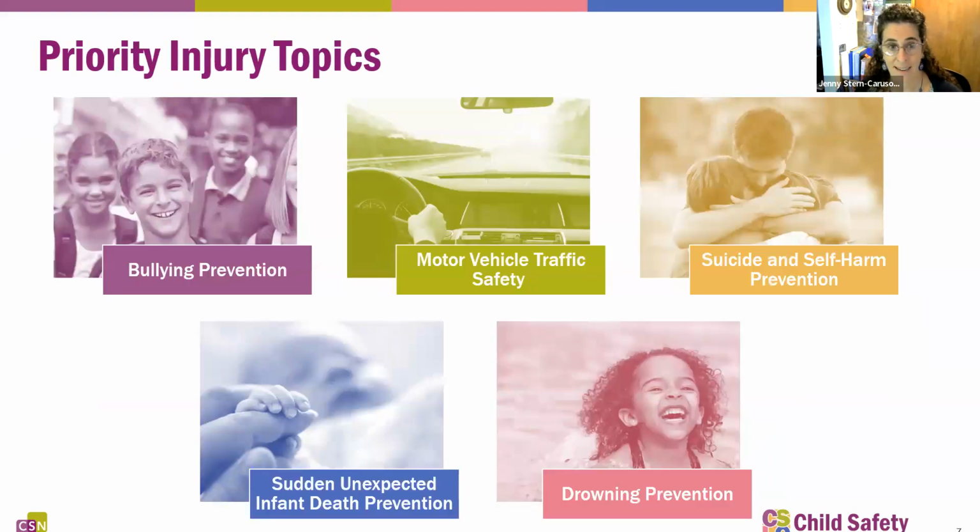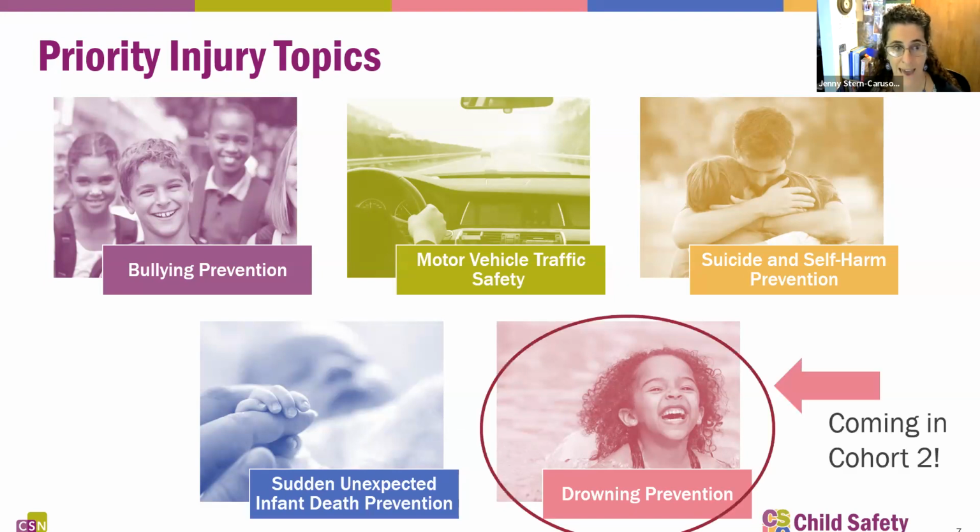CSN has analyzed data trends and maternal and child health national performance measures to identify injury topics that are the most significant injury rates, but also have the greatest potential for progress. So with that information, we are going to be addressing the following 5 injury topics: bullying prevention, motor vehicle traffic safety, which includes both child passenger and teen driver, sudden unexpected infant death prevention, and suicide and self-harm prevention.